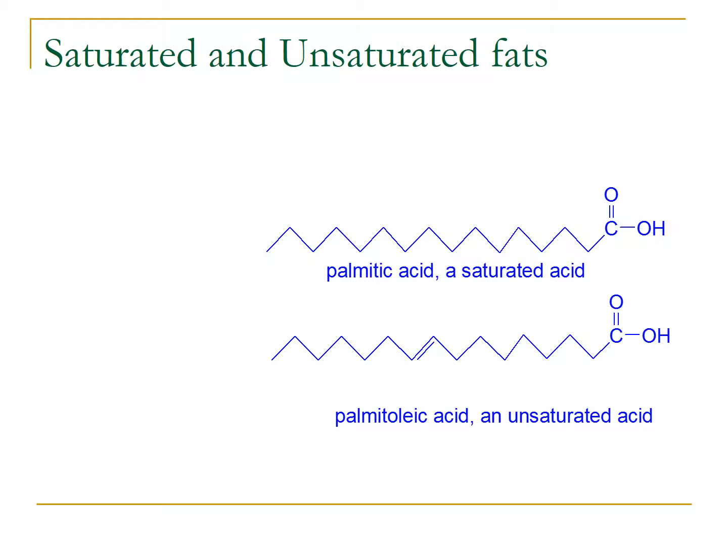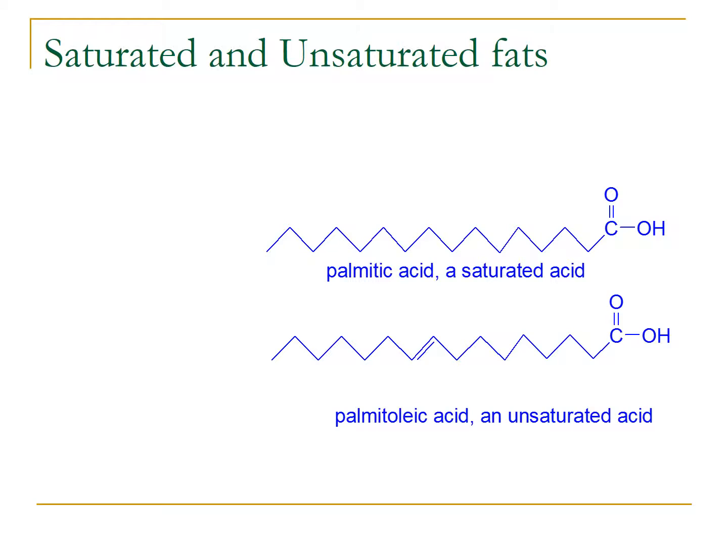So to show the difference between a saturated fat and an unsaturated fat, we see here palmitic and palmitoleic acid. In palmitic acid you see the zigzag line there. That's just the skeletal structure of a long hydrocarbon chain, and then it terminates on the end with a carbon double bonded OH, a carboxyl group.